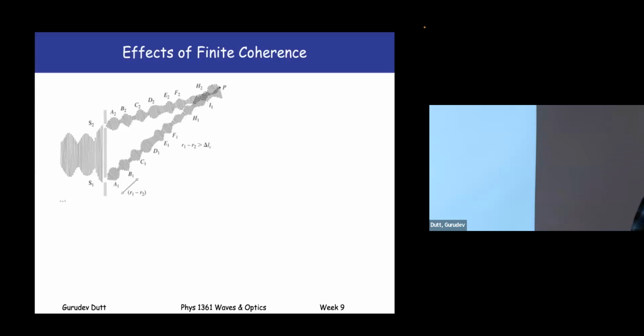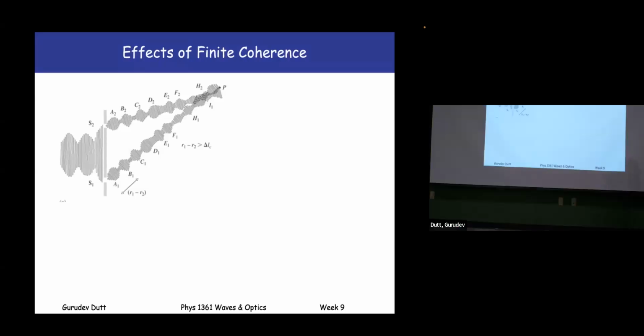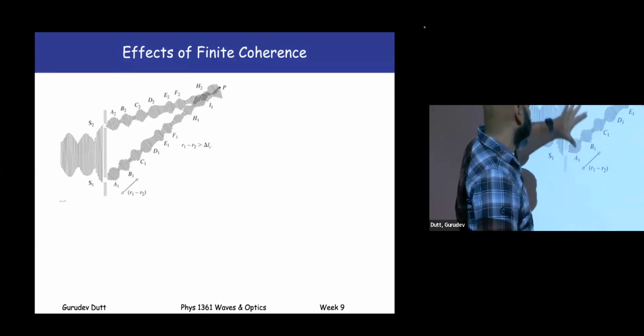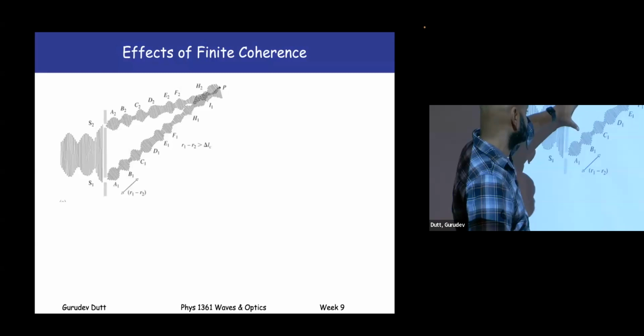Okay, so this is the effects of finite coherence. I've already talked about it quite a bit, but I'm just showing it to you as a picture now. So you have a wave group from the first source, S1, and a wave group from the second source, S2. If the path length difference, R1 minus R2, is greater than the longitudinal coherence length, then initially you see A1 and A2, the same wave packet, with the same phase relationship.